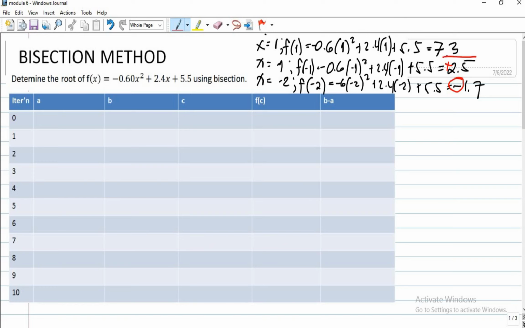So, since positive si 2.5 and negative si 1.7, I'm going to use these two roots, x negative 1 and x negative 2. Ito yung dalawang roots kung saan ako magsisimula.